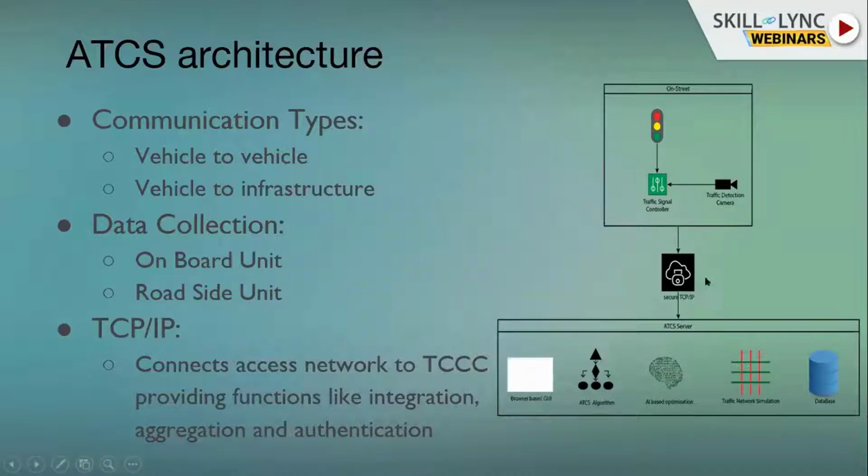And you need internet connectivity, a TCP link, something that connects your system to the server. And you require some browser-based GUI. As I have mentioned, you need to create an adaptive control interface so that you can access the junction, you can monitor the junction, you can actually control the junction. And of course, you require some algorithms.